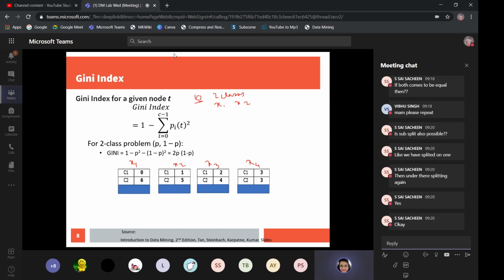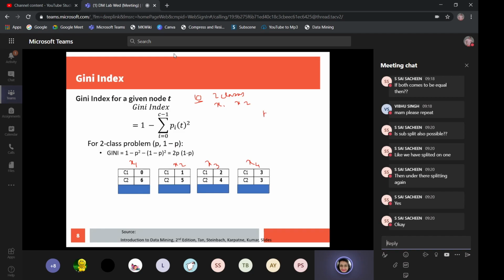Now you have to decide which one to use. Obviously, by looking at it, it is pretty obvious, but still, let's compute the Gini index, because here binary classification is there. So your probabilities become p and 1 minus p.